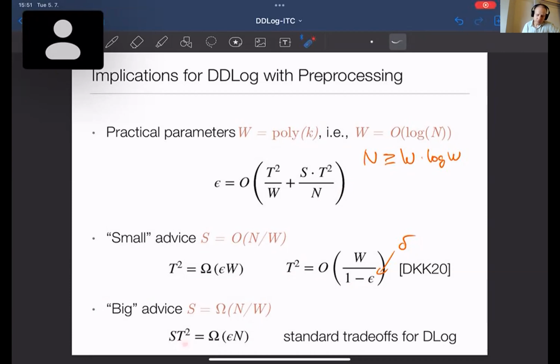Here I'm getting the trade-off t squared is Omega of epsilon n, which looks like the standard trade-off for D-log, and that is again bad news, because with advice of this size, I could in principle just solve the standard D-log.